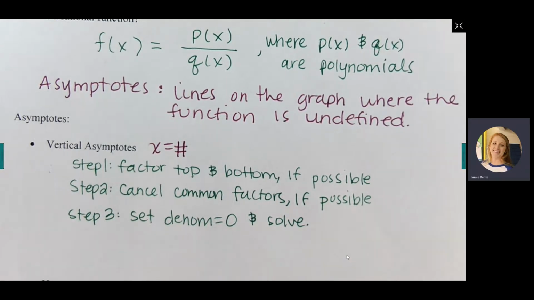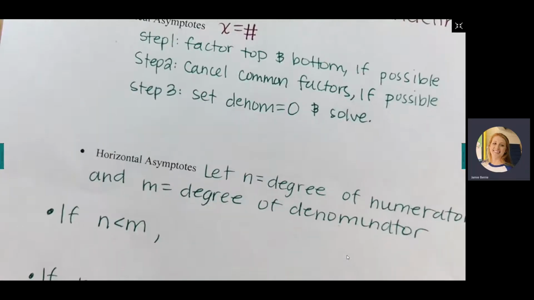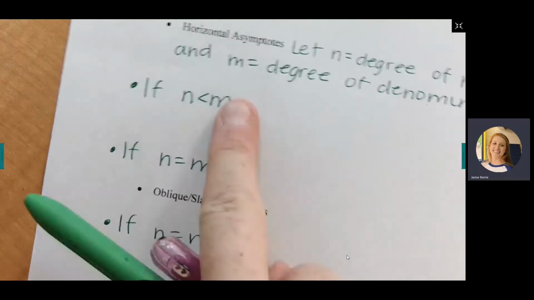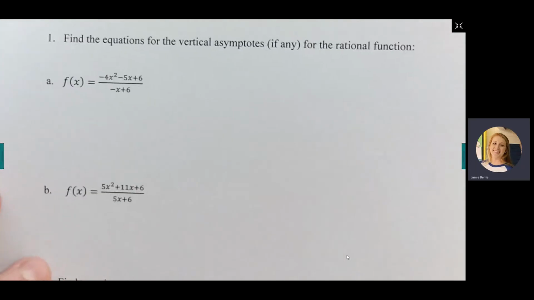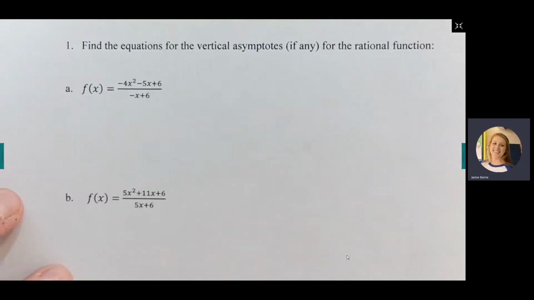All right, so let's jump over if you'll flip the page over. We're going to come back and do these, but let's flip the page over and let's do number 1. All right, so number 1 says find the equations for the vertical asymptotes, if any.